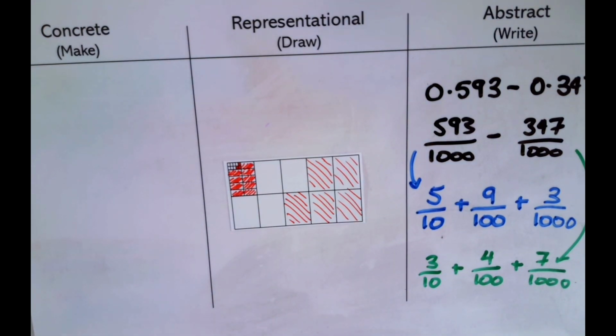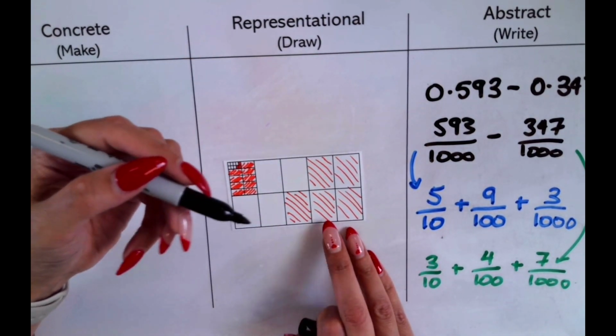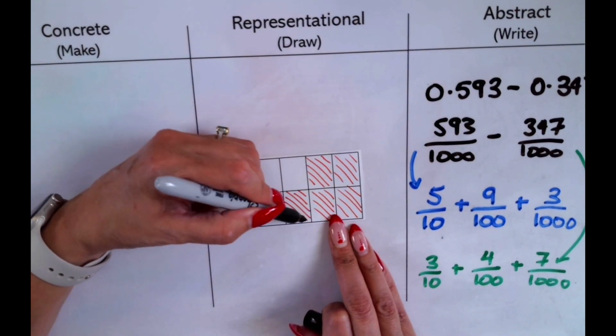Then I'm not adding anything here. I am subtracting. So I want to remove from this decimat 347 thousandths, or 3 of the tenths, 4 of the hundredths, and 7 of the thousandths. Now I'm going to diagonally shade across the ones that I'm subtracting or removing.